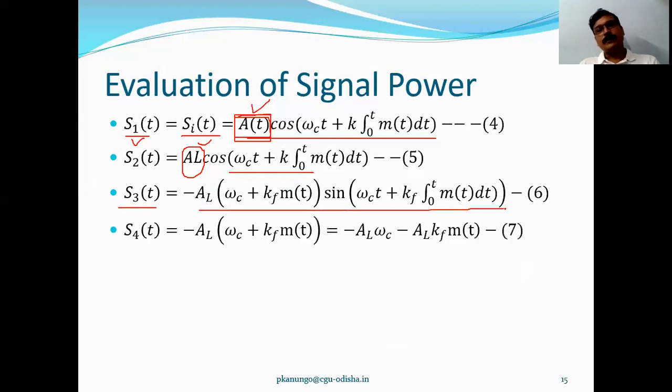Once we pass this signal through an envelope detector, only the envelope part will appear at the output. So minus AL(ωc plus kf m(t)), so we can write minus ALωc minus ALkf m(t).